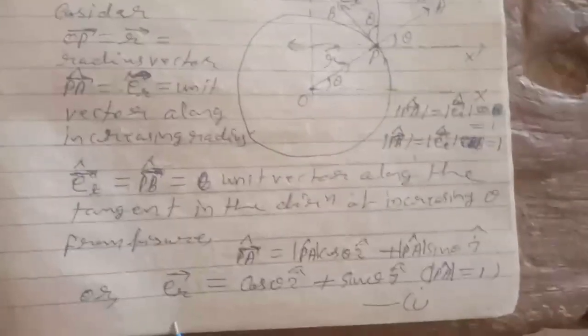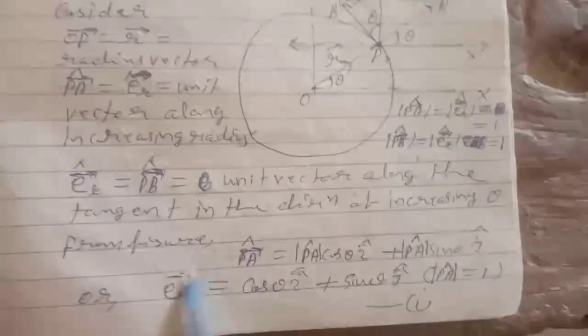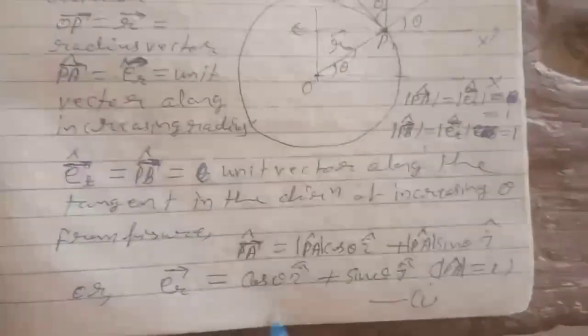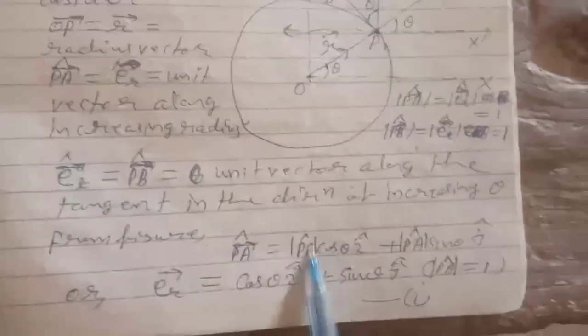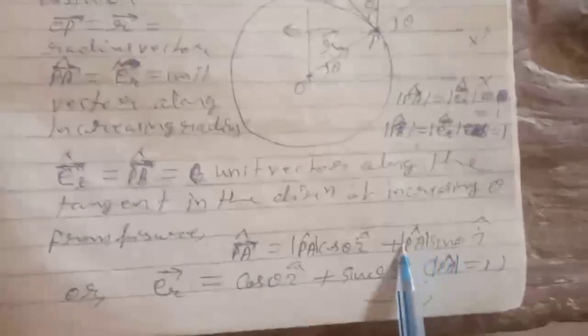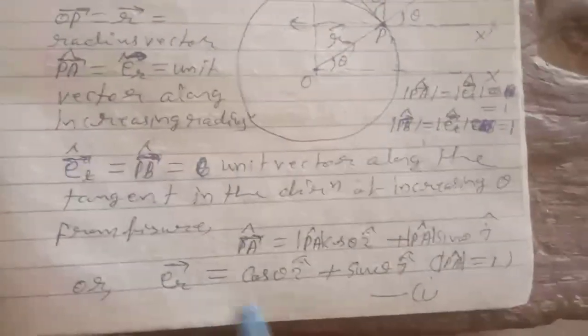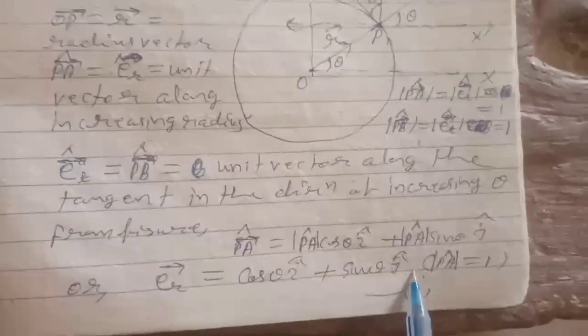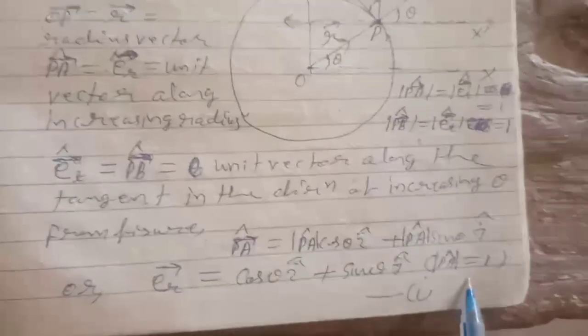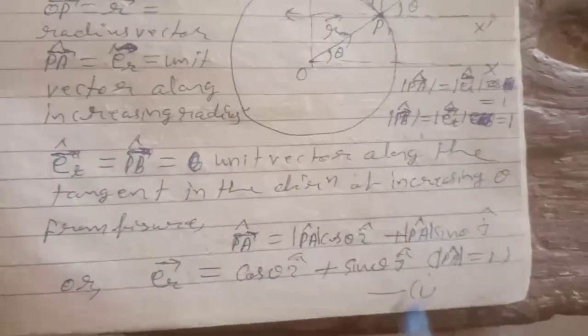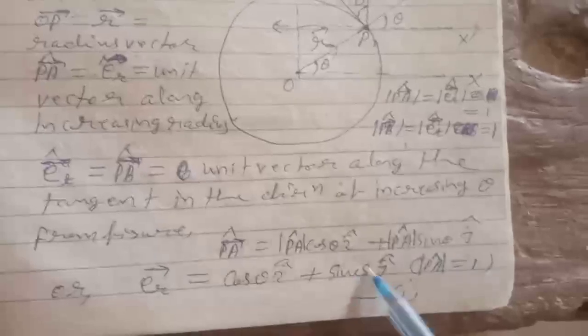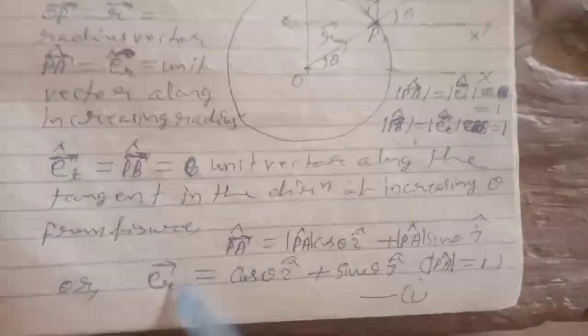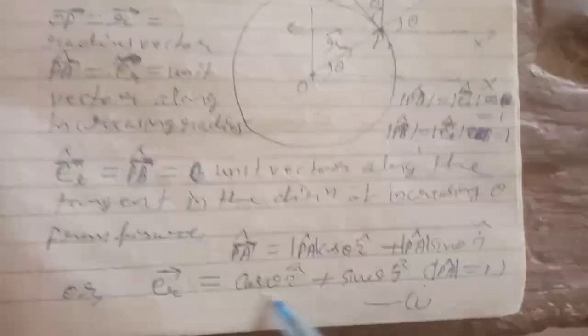So we can write ER vector, this is also a unit vector, equal to cos theta i cap plus sin theta j cap, because the mod of PA cap is a unit vector, so its magnitude will be 1. This is equation 1. So the unit vector along the radius vector is represented by this formula, which is equal to cos theta i cap plus sin theta j cap.